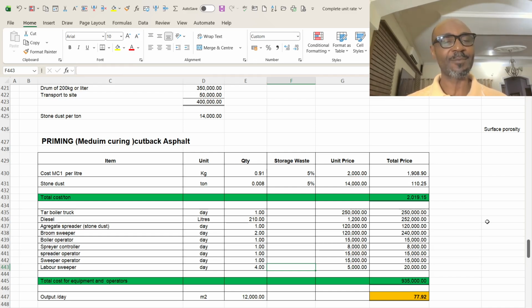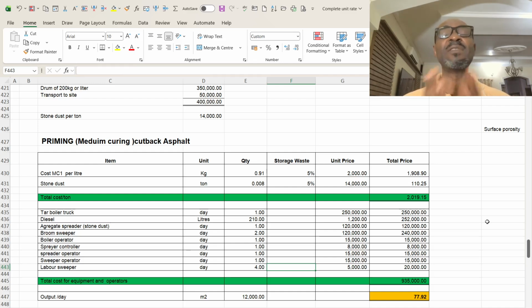In this episode, we are going to be building up or pricing one of the components of road construction. To be specific, we are going to be building up a rate for priming, which is also referred to as MC1 or MC30, MC40.